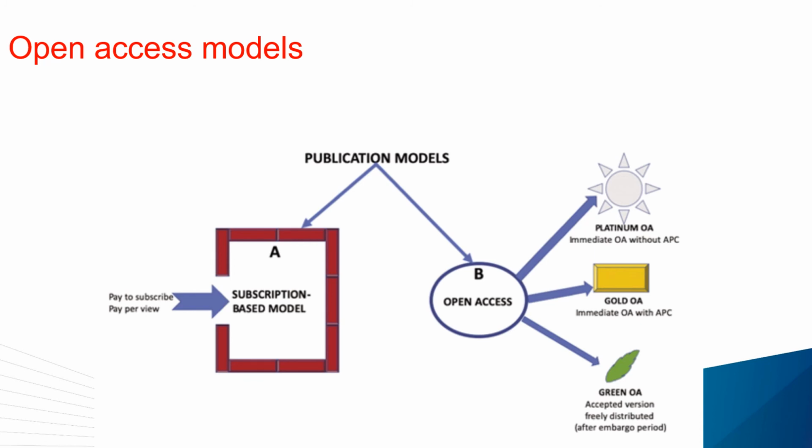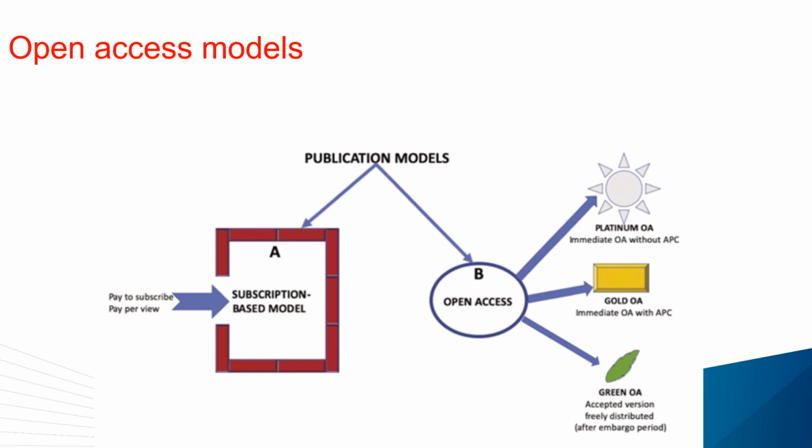And finally, at the bottom, there's green open access, and this is again very much encouraged in Europe and compulsory for funding bodies, for charities and for universities. And what happens is that a version, the final accepted version of the manuscript, is made available on a repository, usually run by a university, online, but it's only available for reading after a particular period, an embargo period, which can be between 6 months and 2 years.